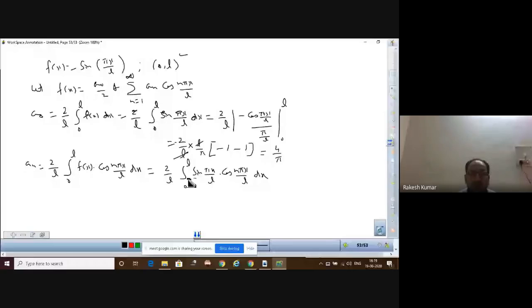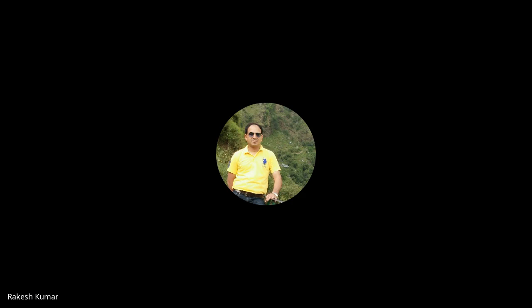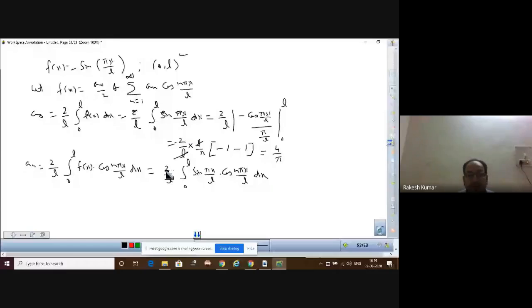For integrating it, we require the formula of 2 sin A cos B, so this can be used over here, and divided by 2 also, and the 2 will be removed.